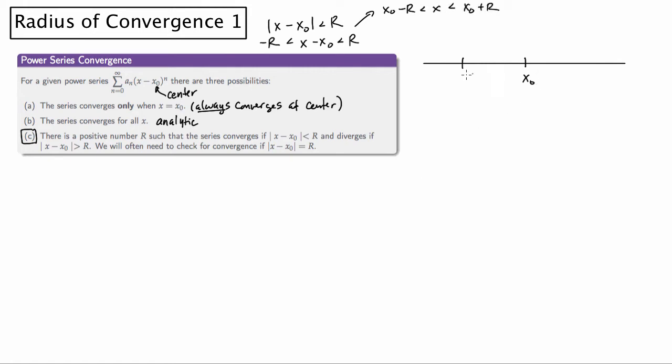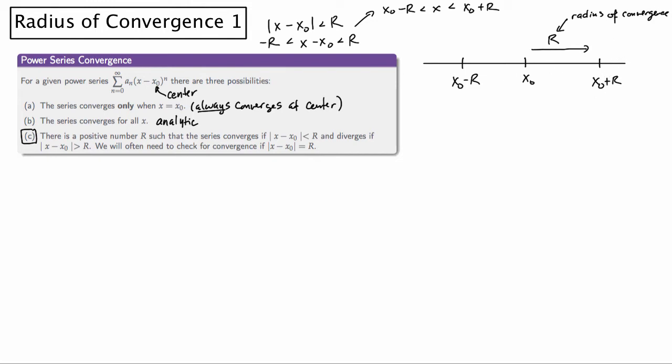This just says that I can go up to a distance of r away from the center point, and that's called my radius of convergence. It makes sense to call it a radius, given that it's the half distance here on either end.